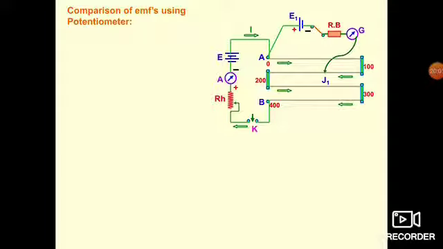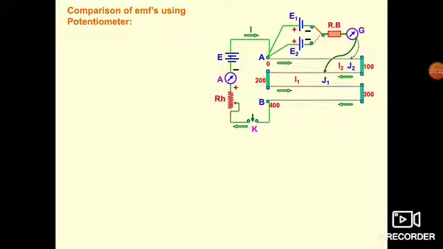There is one cell E1. It is connected to the wire of the potentiometer at point J1 with the help of a jockey. A resistance box is also included, and we have one galvanometer in the circuit along with it. Now suppose there is another cell E2.